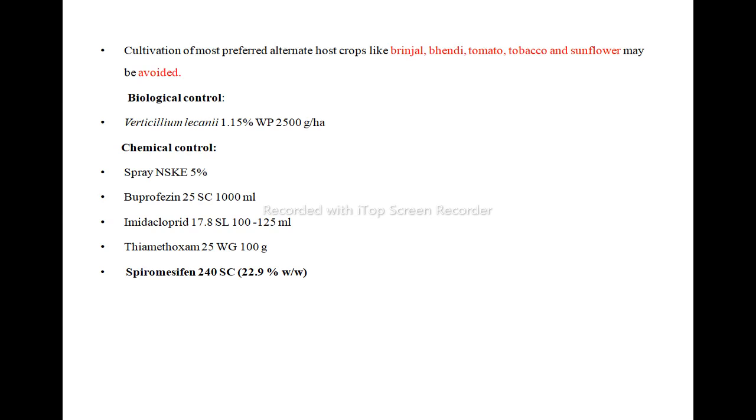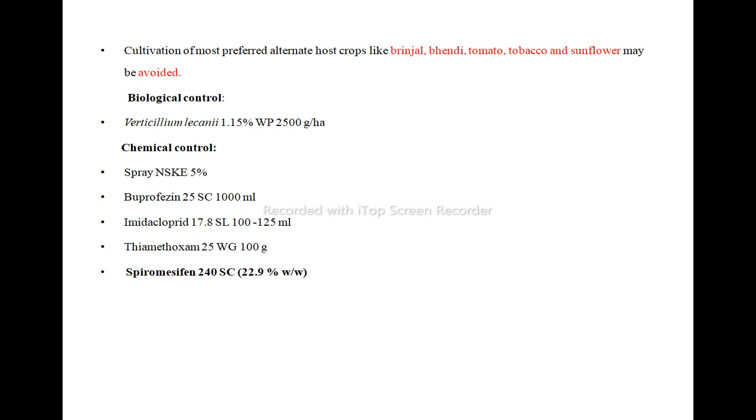Next, imidacloprid. It is a new chemistry insecticide, and in the market we can purchase this insecticide under the name Gaucho, and its mode of action is that it interferes with the nicotinic acetylcholine receptor. Next is thiamethoxam. It is also a new chemistry insecticide, with the same mode of action as imidacloprid. And next, the last one is pyriproxyfen, a most important insecticide.